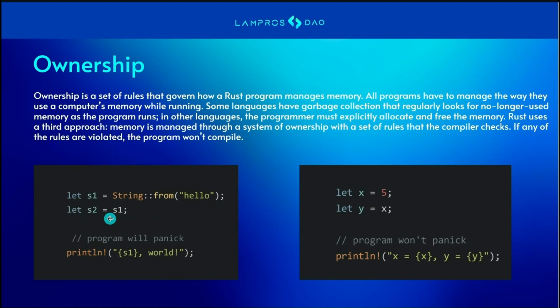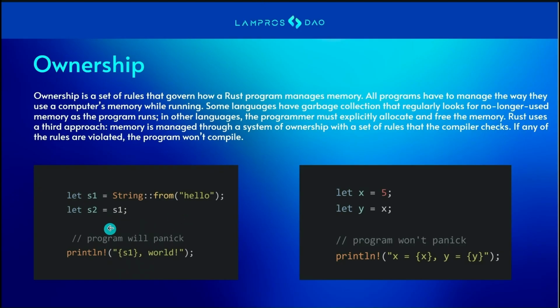If we use ampersand here, s1 still holds the ownership of hello, and s2 has borrowed it from s1. So if you print s1 here after adding the ampersand, it is valid code.